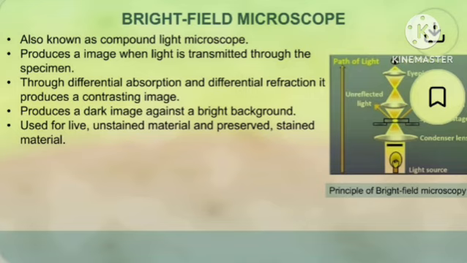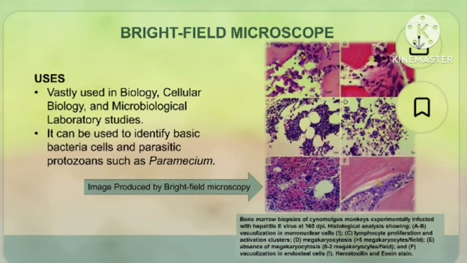It produces a contrasting image, a dark image against a bright background. It is used for biology, cellular biology and morphological laboratory studies. It can be used to identify basic bacterial cells and parasitic protozoans such as paramecium.